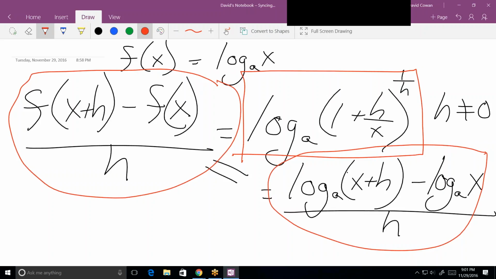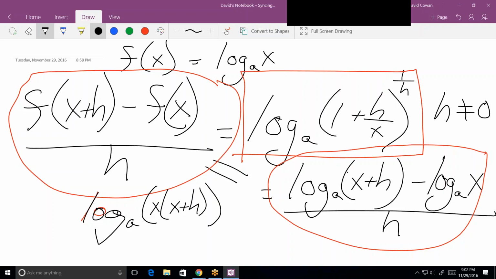How does that combine? Multiplication. Okay, so it's the log, let me do this all in black. It's the log base a of x times x plus h, all over h. That's the first thing I can do.